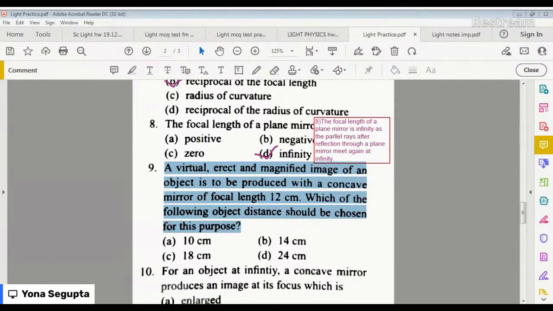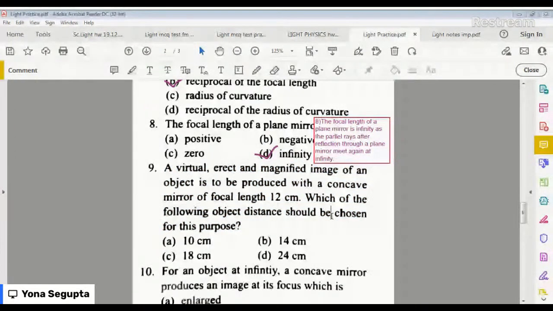Since a virtual, erect, magnified image of an object is to be formed with a concave mirror, then as per the given options, which one should we choose? The object distance should be less.